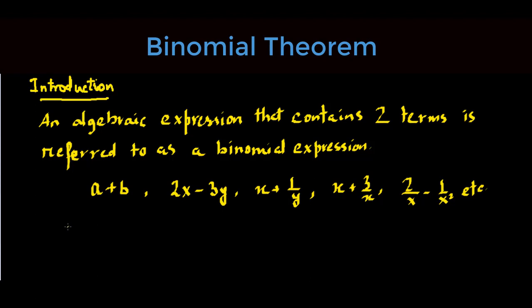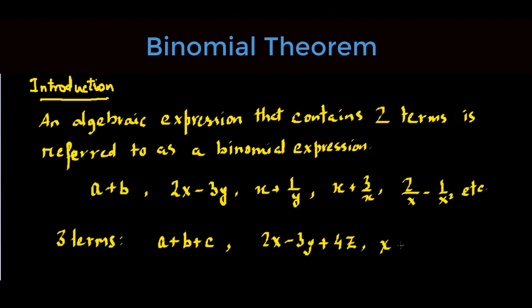So if we are to have an algebraic expression with three terms, let's include a third variable c. Maybe twice x minus thrice of y plus 4 of z, x plus 1 over y plus 2 of z, etc. So these contain three terms, so we're going to call it a trinomial expression.